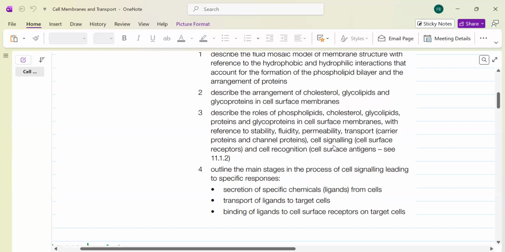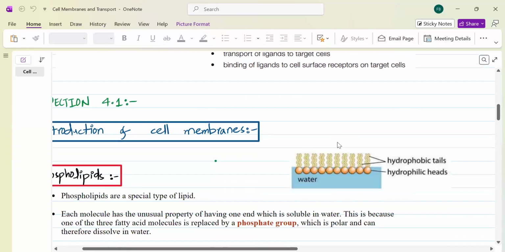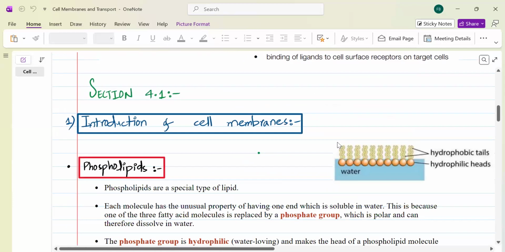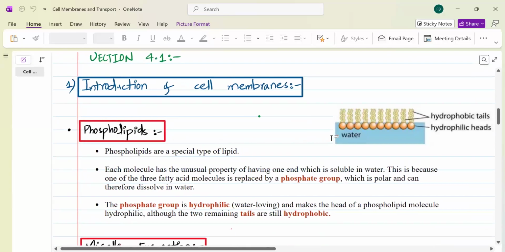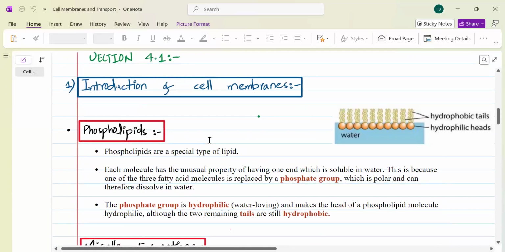So in section 1, that is the introduction of the cell membrane, firstly there is the discussion about the phospholipid.